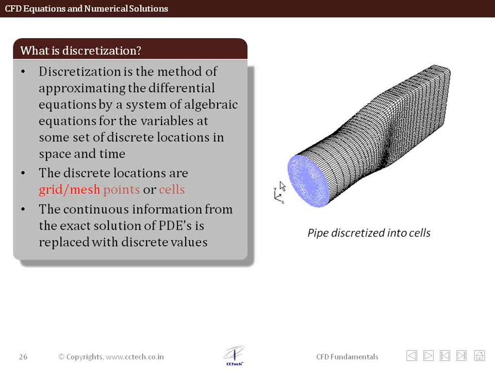And it is at these locations that the equations are applied using the numerical scheme, and then the solution is found at those specific locations. And these values, when they are all plotted together, we have the results of the simulation. We have the results of the CFD analysis.